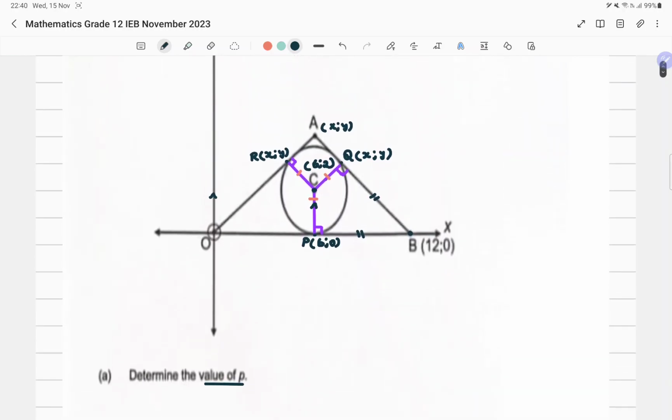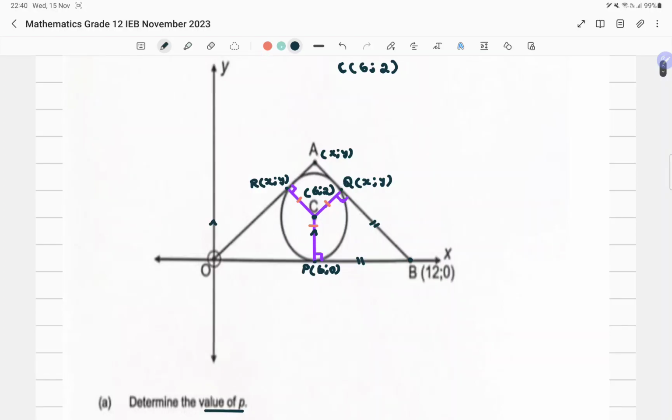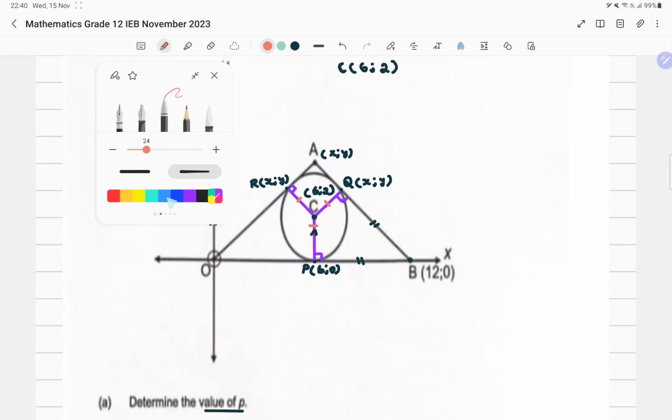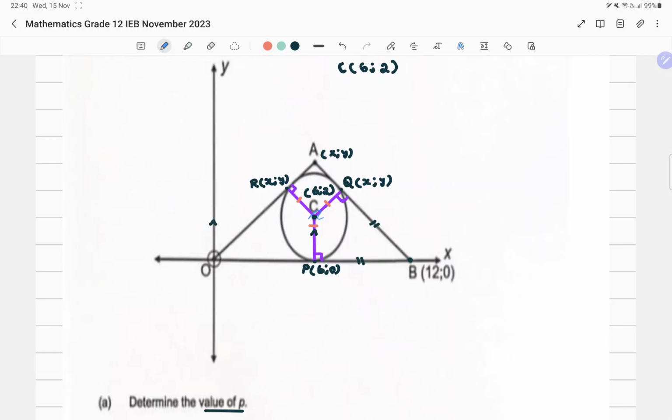Okay, so P, do you realize, folks, that essentially this distance right here, from center to circumference, is the radius? But this is a vertical line, meaning the y coordinate at our point C is effectively the distance.